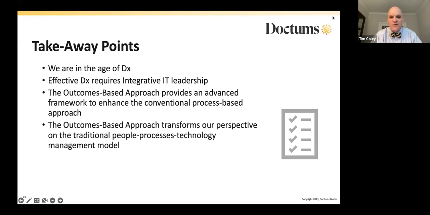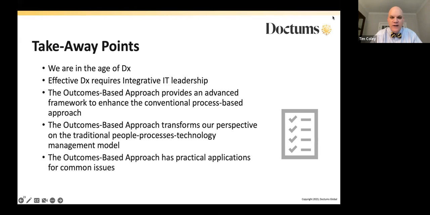We're also promoting a different perspective on that familiar people, processes, technology triangle or three-legged stool. We want you to see that a different way. And then we want to give you some different practical applications, whether it's a solution selection or solution implementation or getting the value from how people engage, that we want to give you some practical applications for that.